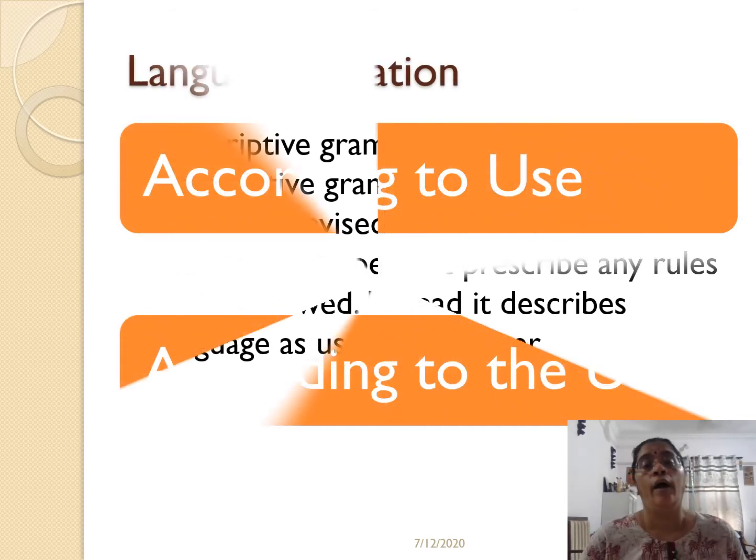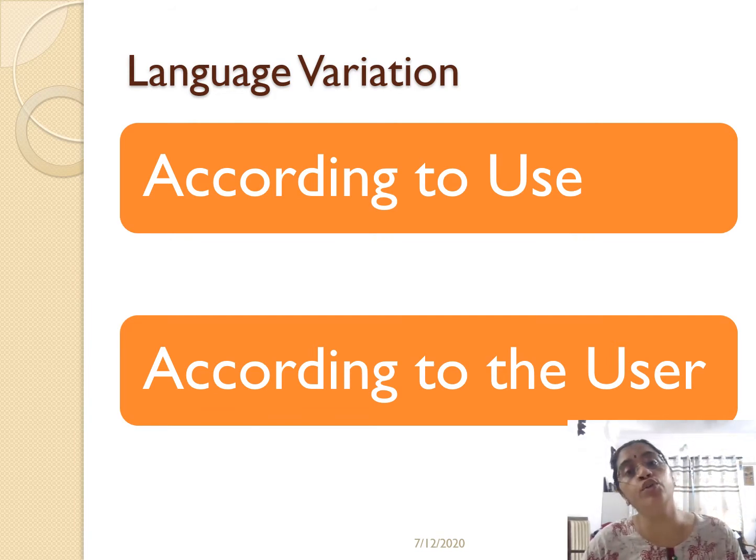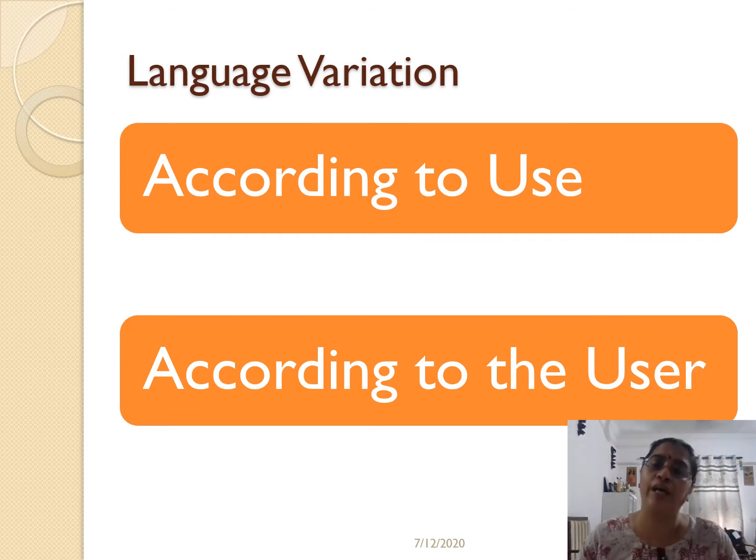Language, as understood by Leach, Deutscher, and Hugenrath, varies according to its use as well as according to the user who is employing the language at any given point in time. Let us look at how language varies both according to use as well as according to the user.